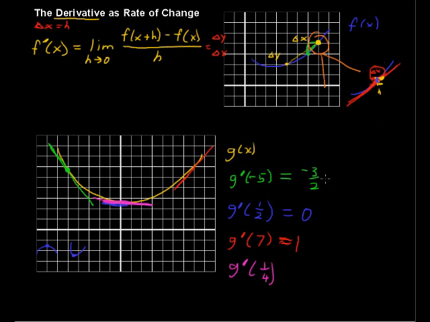So up here in green, this slope was negative, not because the x value was negative, but because the slope was negative. And in this purple, I'm just going to write the slope when x is 1/4: a small negative. I'll write that rather than trying to take a guess, it's maybe negative 0.02 or something like that. All right, this is just a sketch, so we don't know for sure.